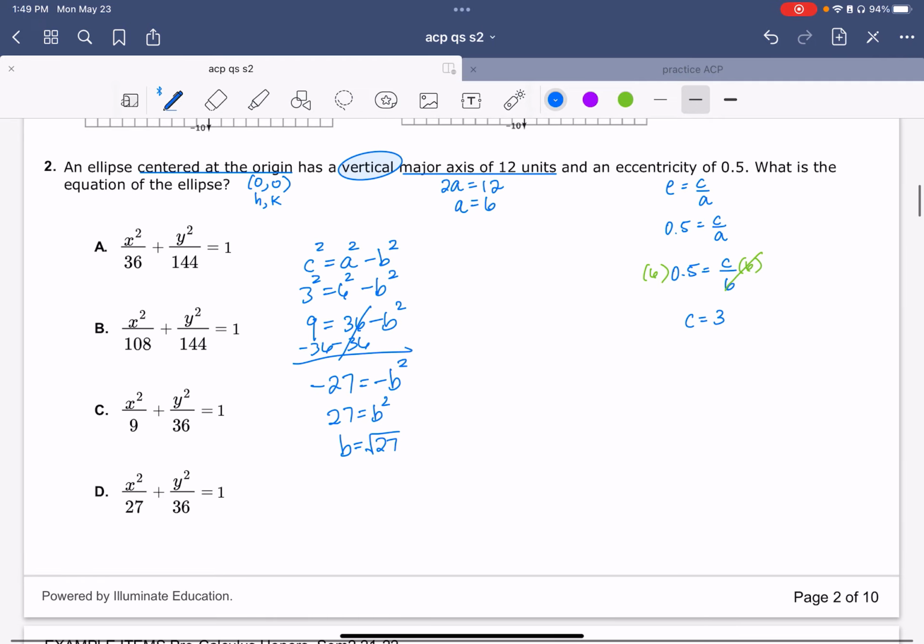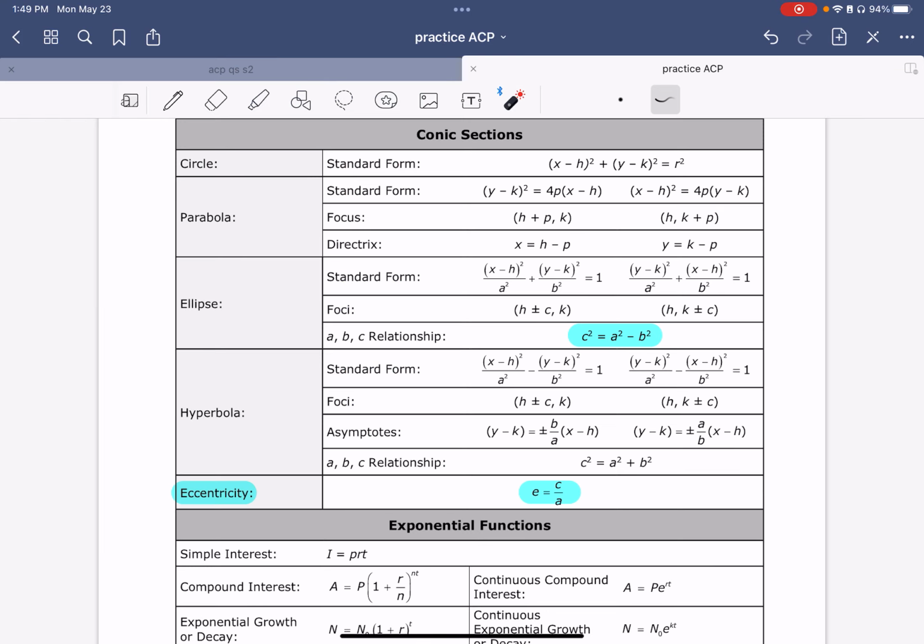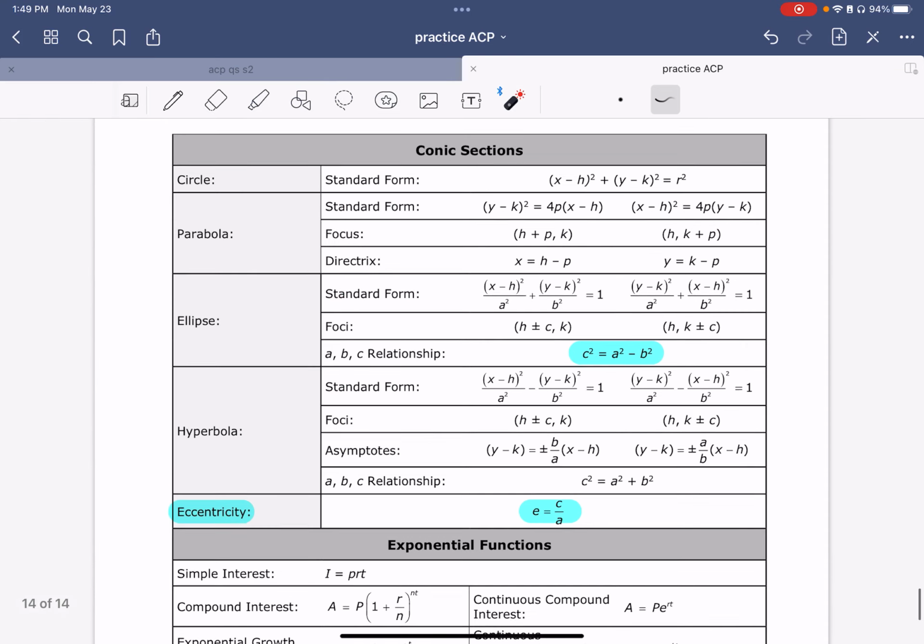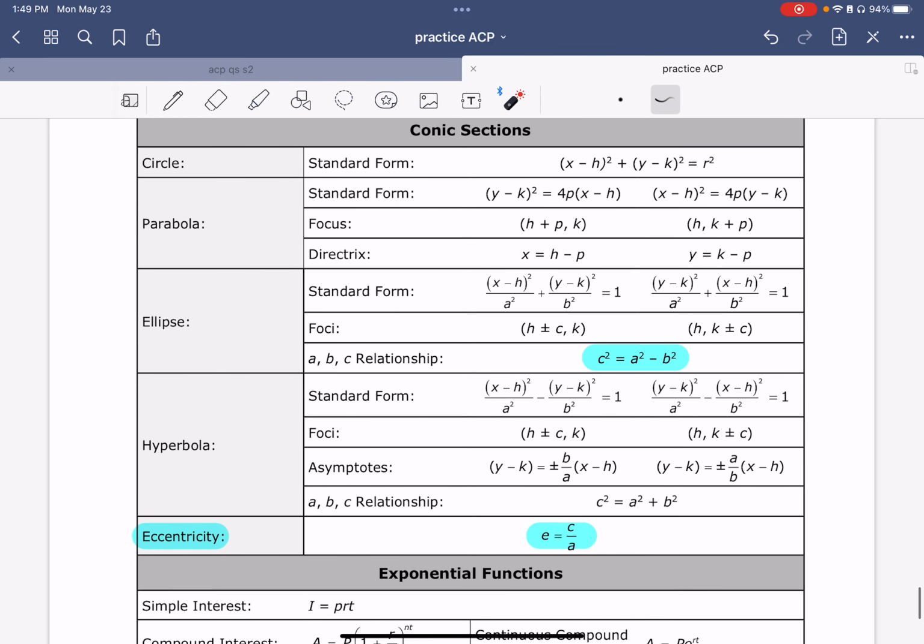Okay. Now, whenever you're writing these equations, all you need is H, K, A, and B. So thankfully we have all of those. Now we're going to go look at the formula chart, and it has to be for a vertical ellipse. Now, how do you remember on the formula chart which is vertical and which is horizontal? Well, when you're looking at ellipses or hyperbolas, if you look at the standard form, the very first equation for both starts with x minus h.